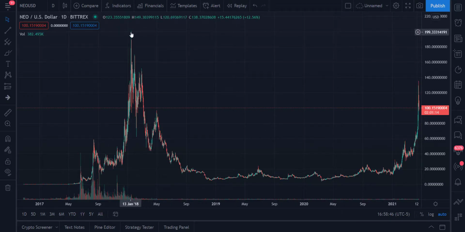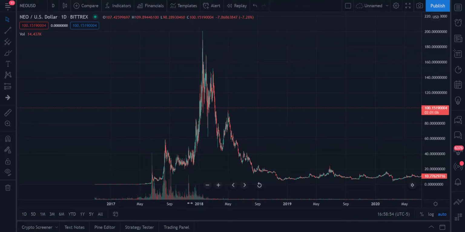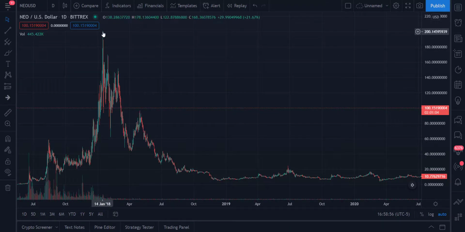Let me go back here and see. There we go. Really want to stretch that out a little bit, make sure I'm giving the correct high. 178. I was wrong. I was hovering over the wrong day. We had a high of, oh, there we go. There's the high. $201.134. So we are at half that right now.